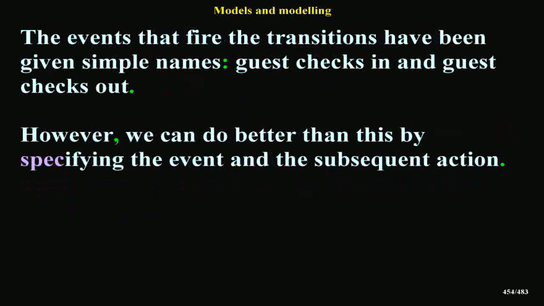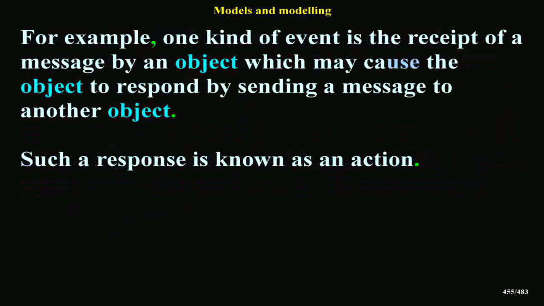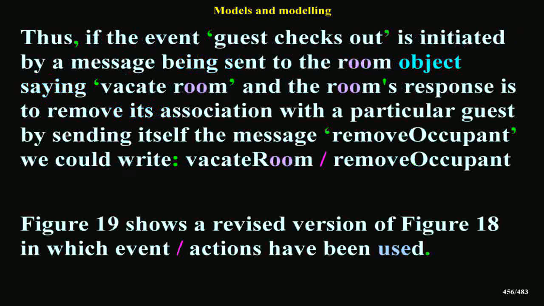However, we can do better than this by specifying the event and the subsequent action. For example, one kind of event is the receipt of a message by an object, which may cause the object to respond by sending a message to another object. Such a response is known as an action.